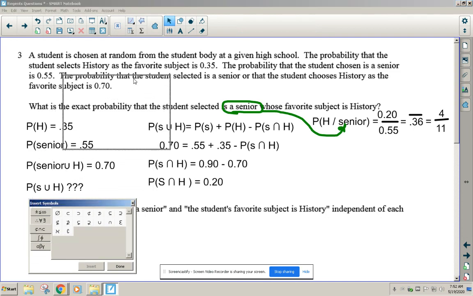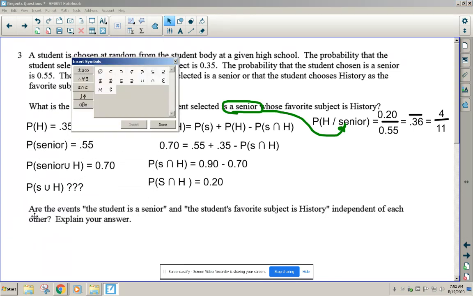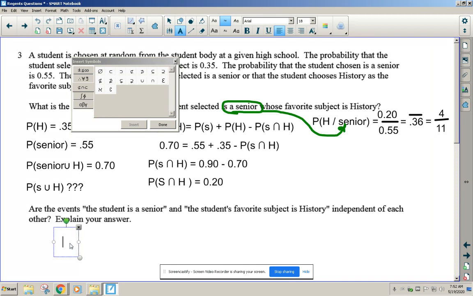The next part of the problem says, are the events a student is a senior and the student's favorite subject is history independent of each other? Well, if they are independent, we can either do this with multiplying probabilities or with the conditional. I am going to take multiplying probabilities, because to me that one is the easiest.